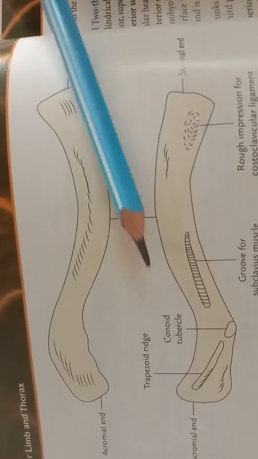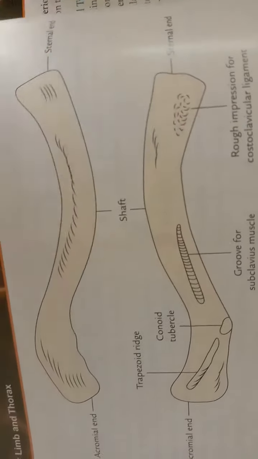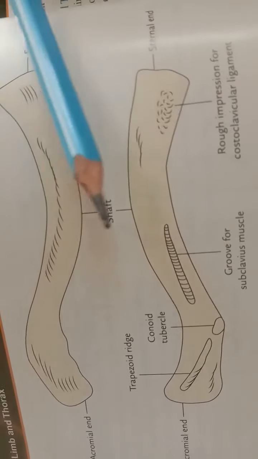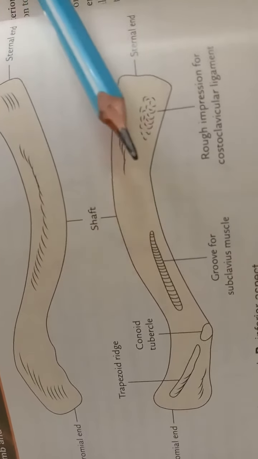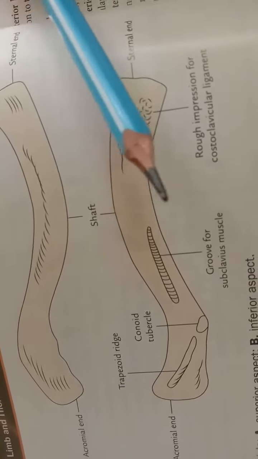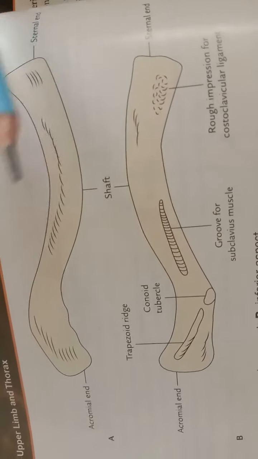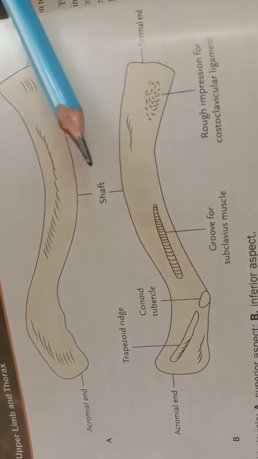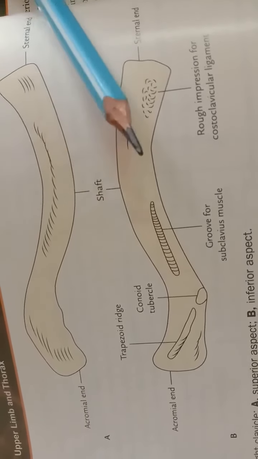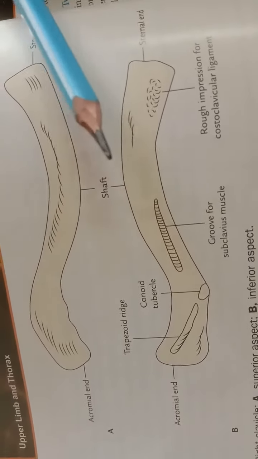Then the sex determination of the clavicle. What is the difference between the male clavicle and the female clavicle? In females, the clavicle is shorter, lighter, thinner, smoother and less curved than in the male. The mid-shaft circumference and the weight of the clavicle are reliable criteria for sex determination.